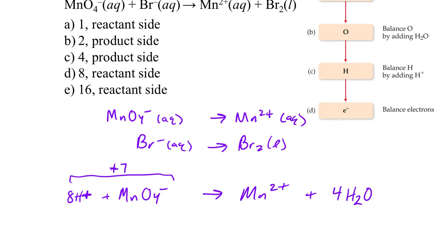And then on the product side, we have +2. So we need to add electrons, which have a minus charge. How many and to which side will we add? I have 5. Yeah?